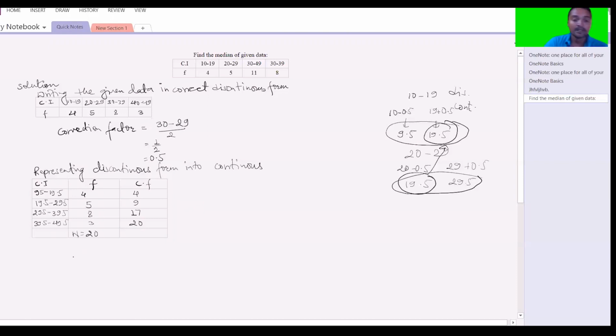Now, before finding the median, since it is continuous data, first of all it's better to write the formula.